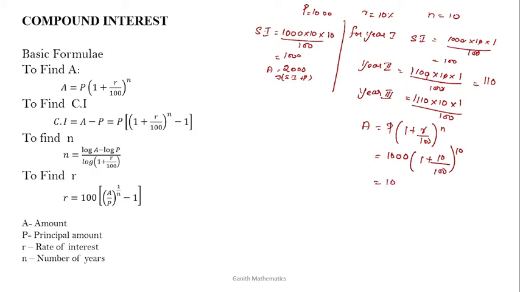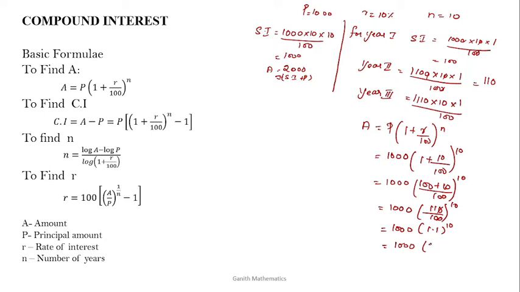So it will be 1000 into 110 divided by 100, the whole power 10. So it is 1000 into 1.1 the whole power 10.